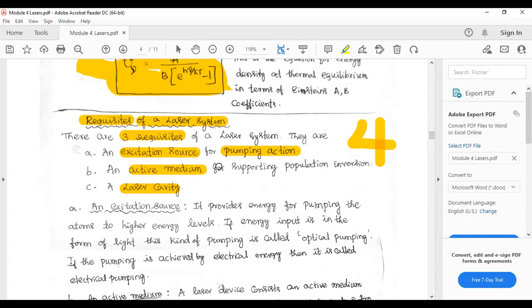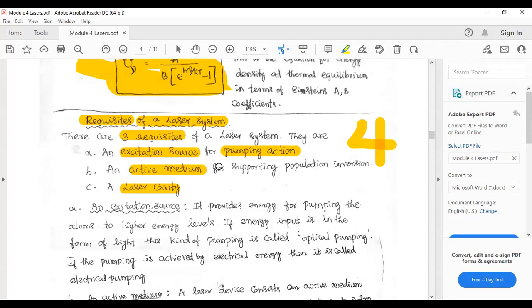A requisite for a laser system is different from the necessary condition for laser action. These are two different questions. In previous years, I have seen a few students making this mistake. If I ask the question on requisites, they write the necessary conditions. If I ask the question on conditions, they write the requisites.